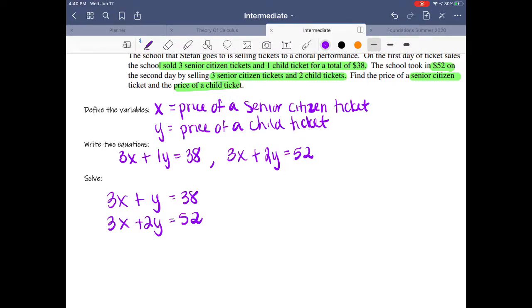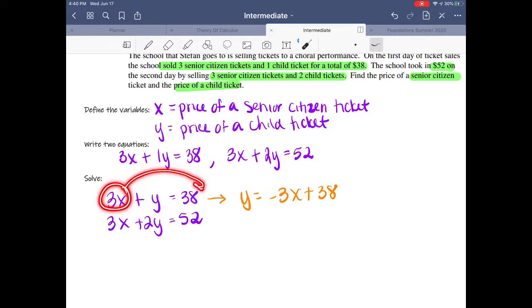For the sake of doing something, I really want to do elimination because that's my favorite, but for the sake of doing something different, I'm going to use substitution. So what I did here is I subtracted 3x over.